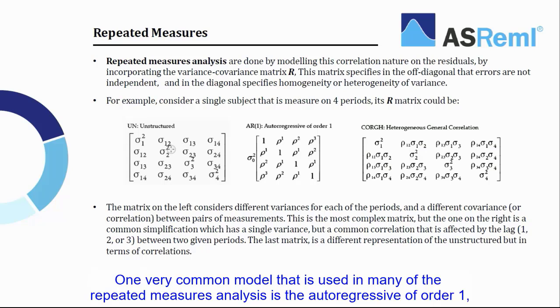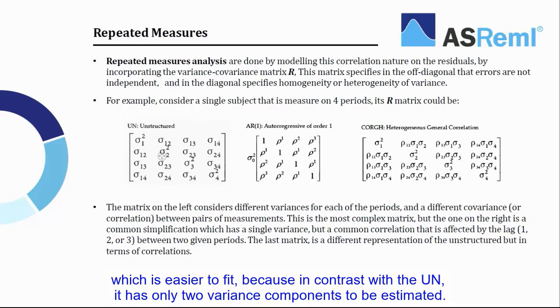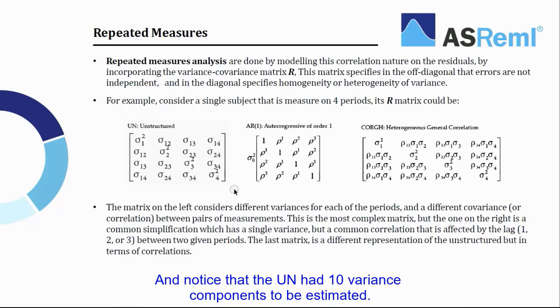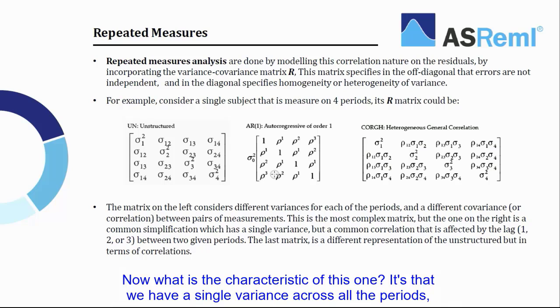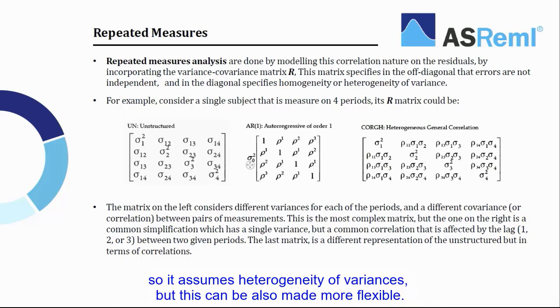One very common model that is used in many repeated measures analyses is the autoregressive of order 1, which is easier to fit because, in contrast with the UN, it has only 2 variance components to be estimated, and notice that the UN had 10 variance components to be estimated. Now, the characteristic of this one is that we have a single variance across all the periods, so it assumes homogeneity of variances, but this can also be made more flexible.